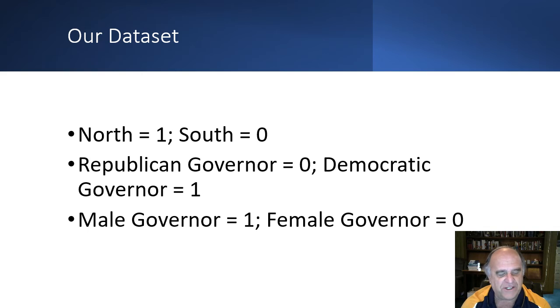And so in Journal of Applied Psychology, there was actually an article that looked at male versus female governors. So I coded male governors a 1 and female governors a 0.